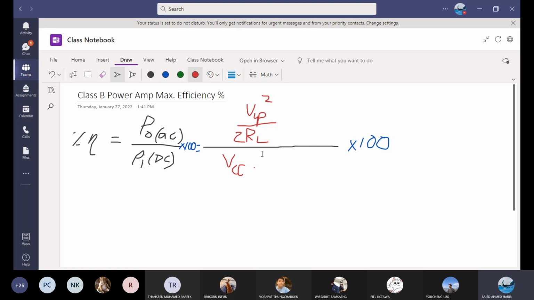I'll write it first and then I will erase just to show you the steps.